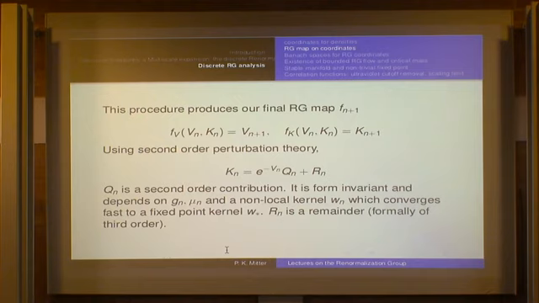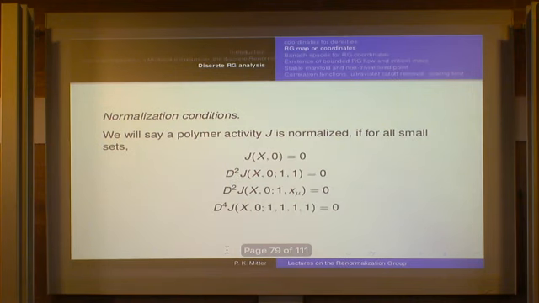And we will see that this Qn depends on the fields. It depends on a kernel. It's a non-local thing, W, which iterates out to a fixed point, which is W star. It's an autonomous evolution of W. So this is how you fix the constants.